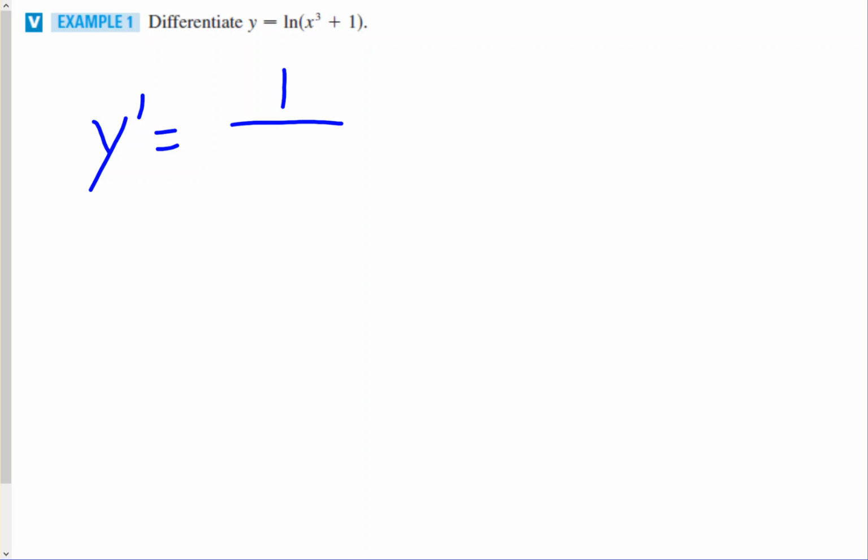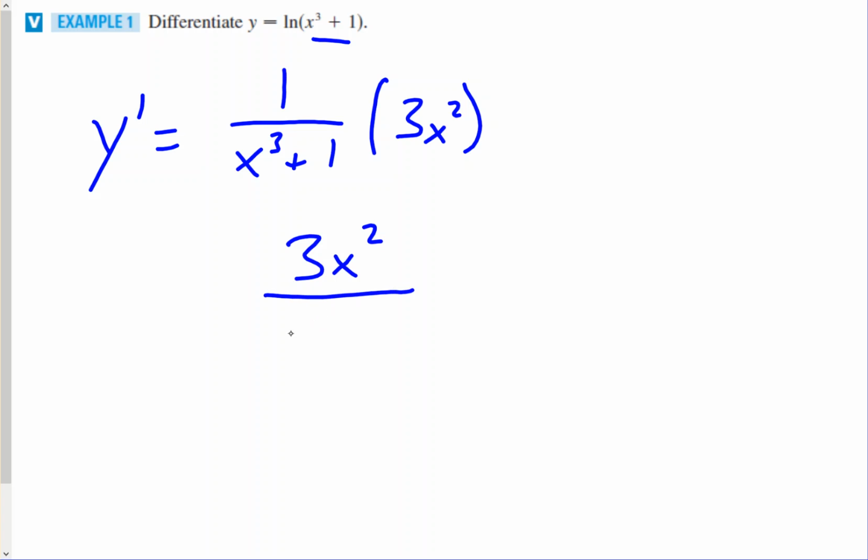So we would have 1 over x cubed plus 1 times the derivative of our argument. And the derivative of x cubed plus 1 would be 3x squared. Put it all together and we would have 3x squared over x cubed plus 1. And that would be our final answer.